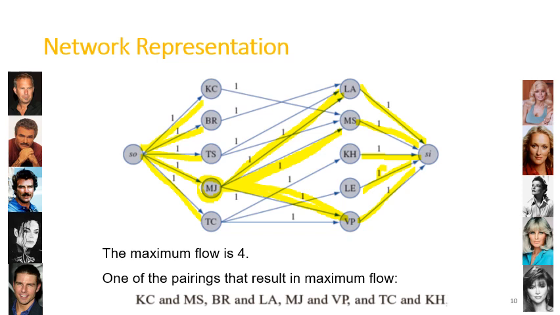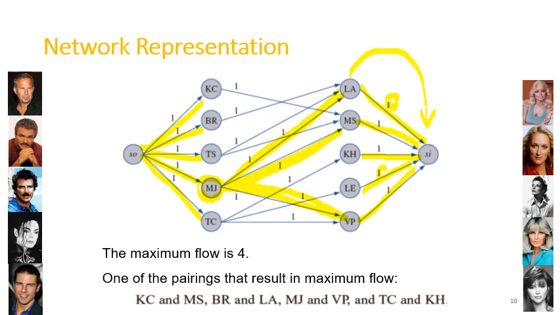So the male celebrity has 1 ticket, and he can give that ticket to a female whom he is compatible with. And from the female celebrity to the sink, the capacity is 1 again, which means that she can receive at most 1 ticket. So this is how we can model who is compatible with whom, and then maximize the number of compatible pairs.